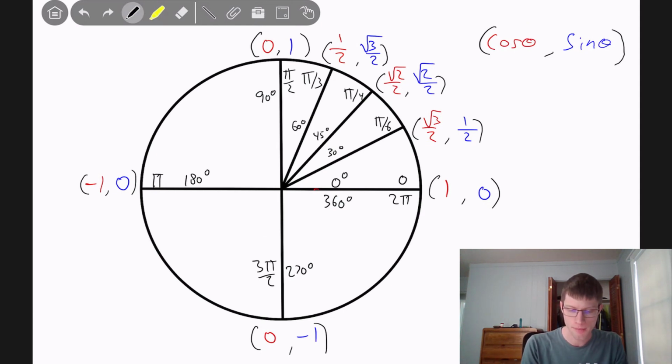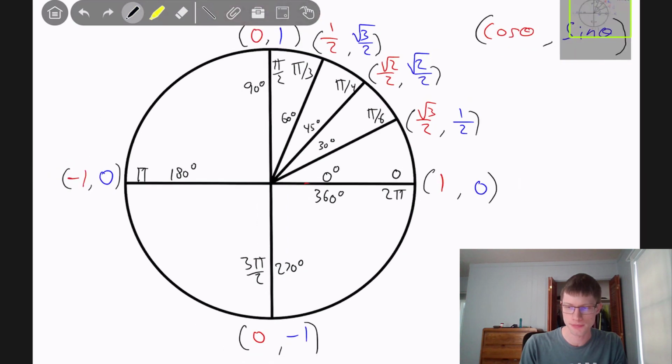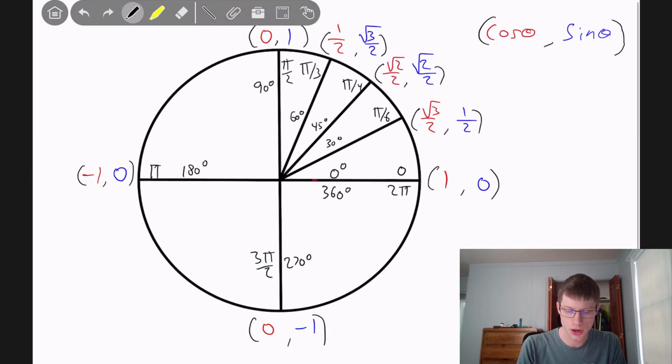So for example, maybe I was to draw an angle in the second quadrant here, and I'll just write the radian value. Maybe this is 5 pi over 6. And I would know that since 5 pi over 6 is 1 pi over 6 above the negative x-axis, the reference angle is going to be pi over 6.